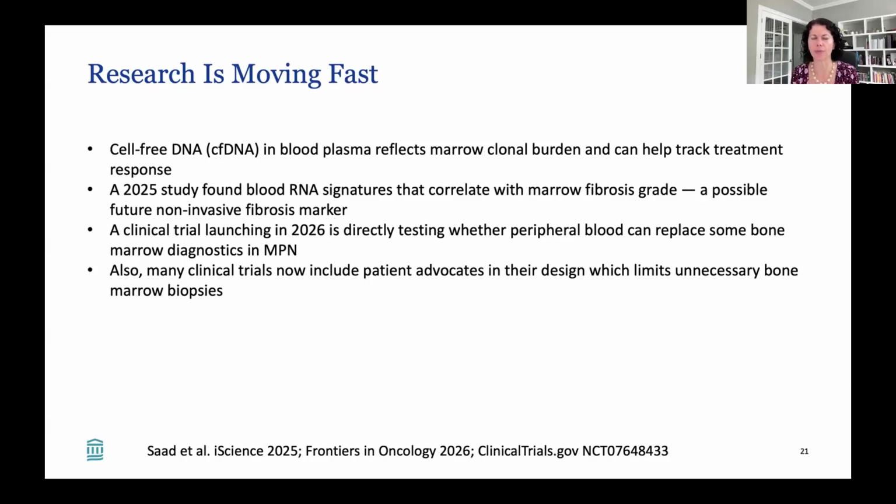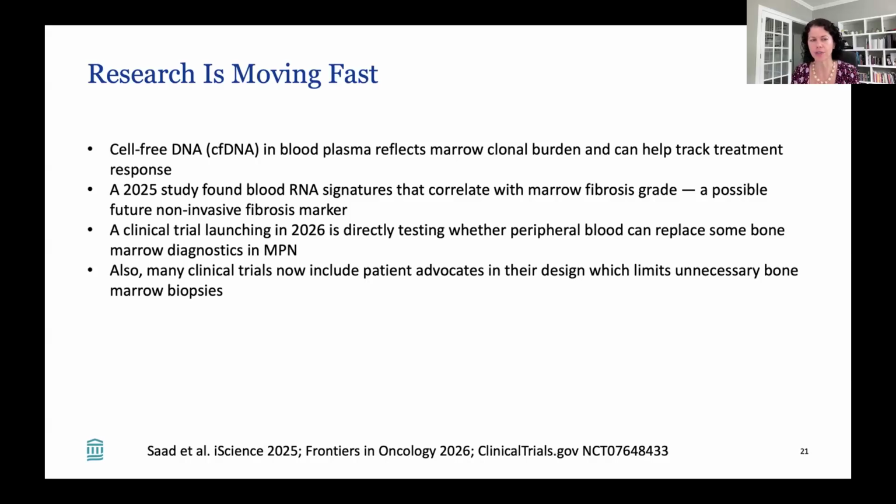These fancier tests that are being developed, some of them still sound to me like sci-fi, something futuristic that's never going to happen, actually are here. There are lots of different research studies showing these assays are much better at accurately classifying people, and will probably help us to more accurately say, you have a disease that's really not likely to progress, whereas we'll also be able to identify patients where we say, you know what, we really need to worry about this person because maybe their disease is going to get worse very quickly.